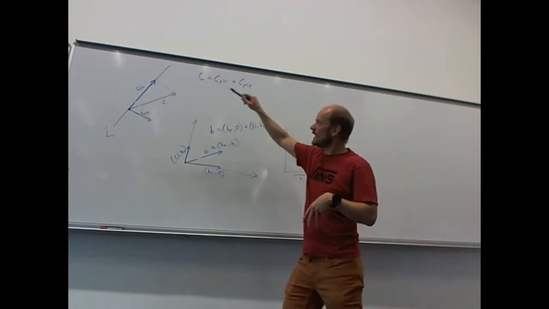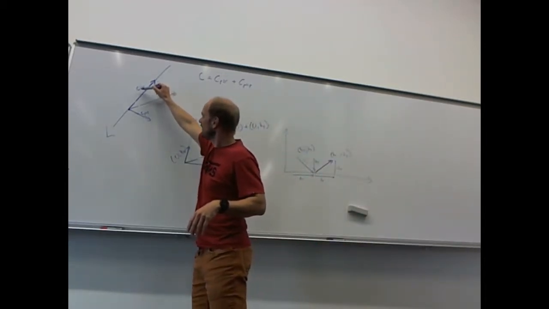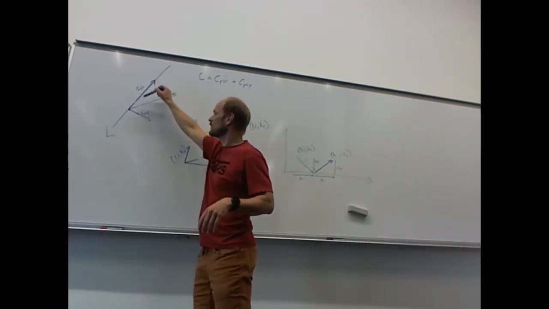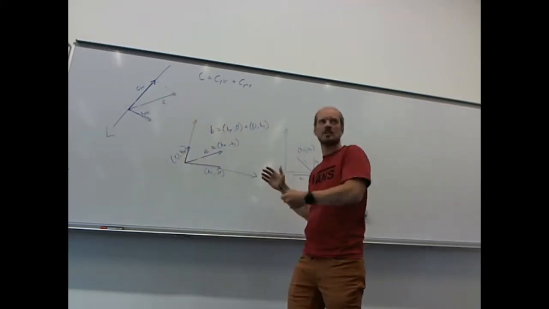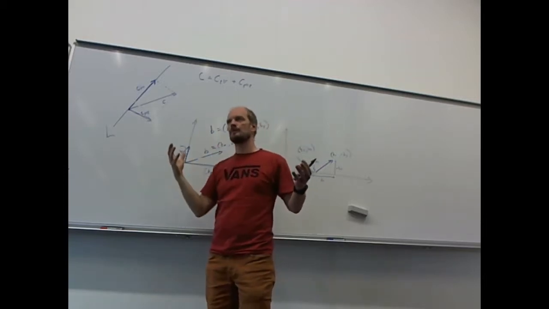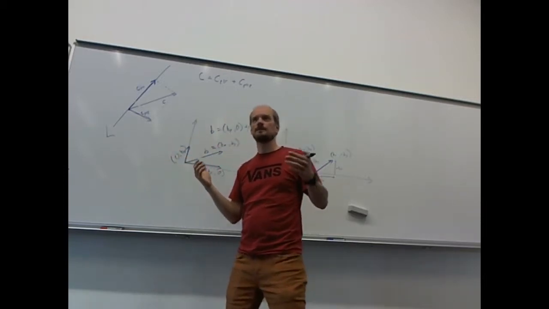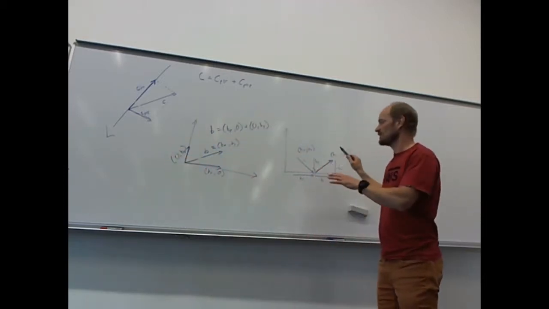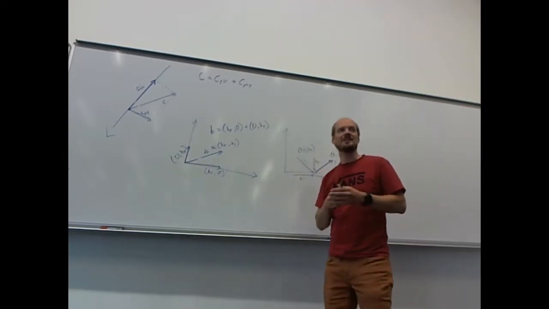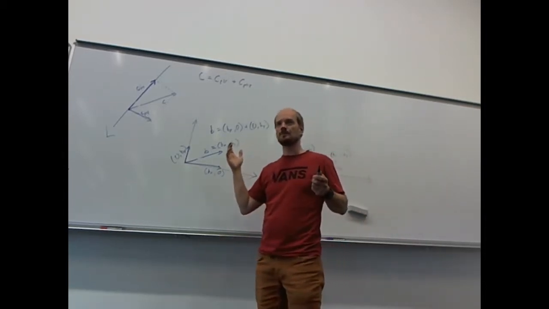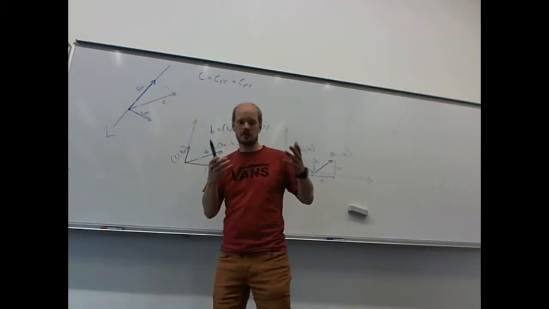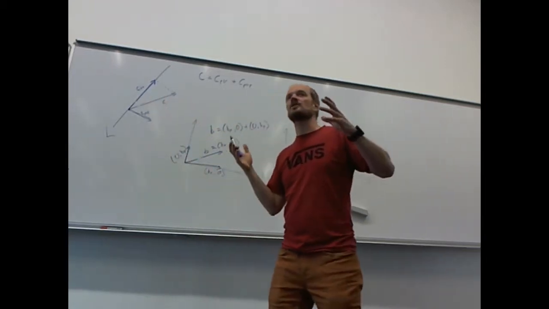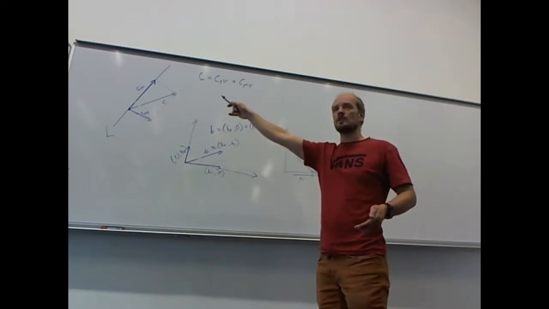Can you see how finding C parallel and C perpendicular can help me do this not only off the x-axis, but help me reflect off of any vector at all? Is this idea kind of clear of what I'm trying to do? Okay, so we still haven't found C parallel and C perpendicular, but I'm just laying the groundwork as to why we want to be able to do this.